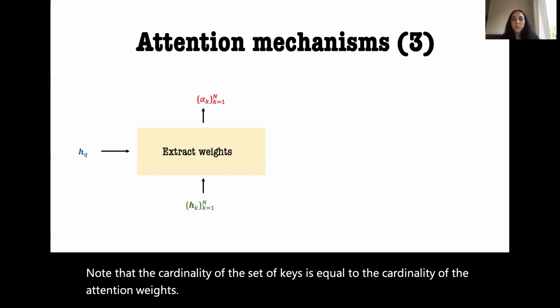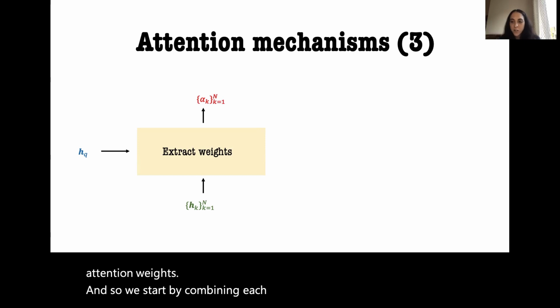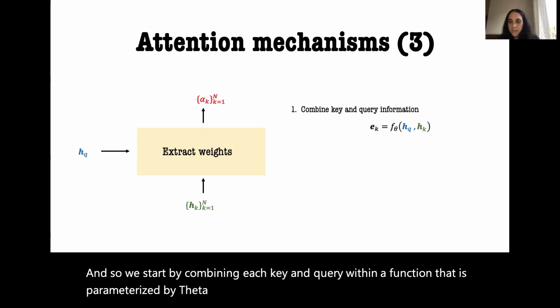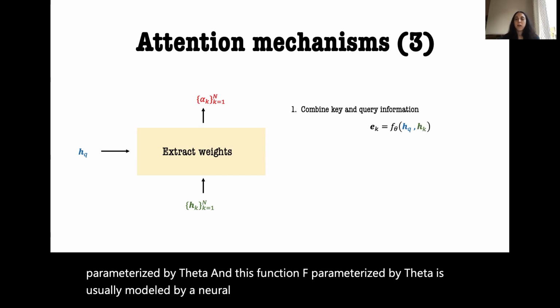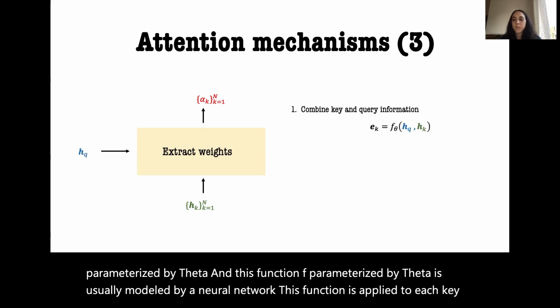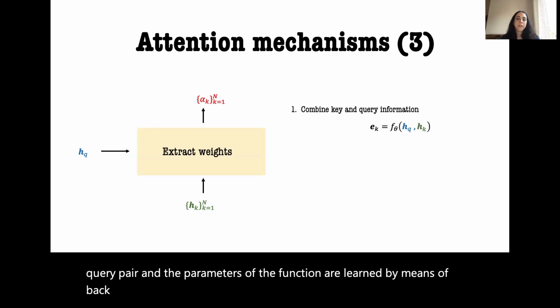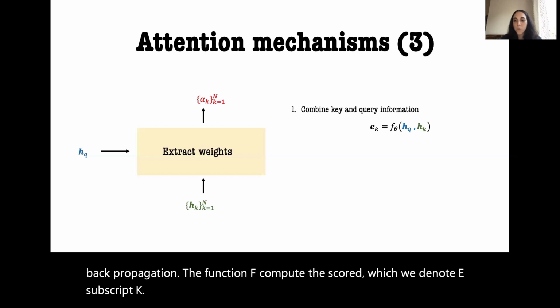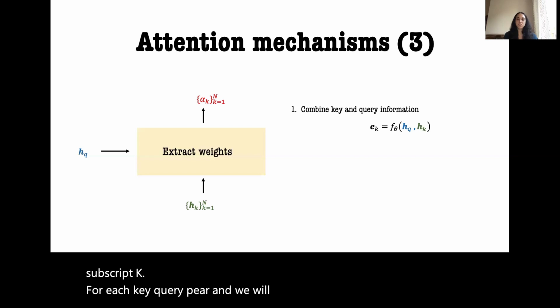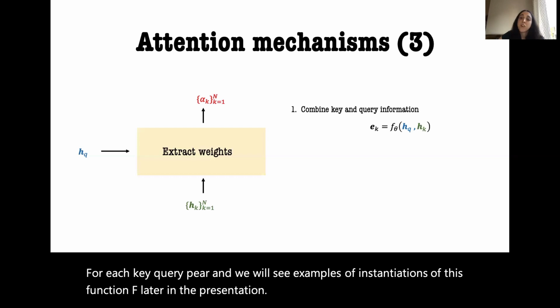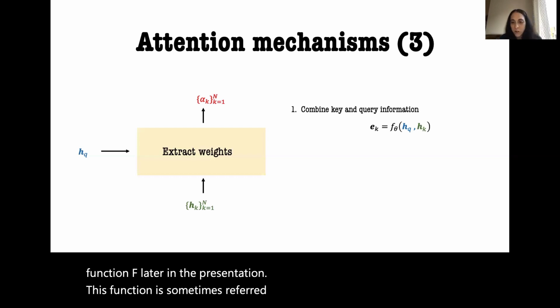We start by combining each key and query within a function that is parameterized by theta. This function f, parameterized by theta, is usually modeled by a neural network. This function is applied to each key query pair, and the parameters of the function are learned by means of backpropagation. The function f computes a score, which we denote e subscript k, for each key query pair, and we will see examples of instantiations of this function f later in the presentation. This function is sometimes referred to as a scoring function.